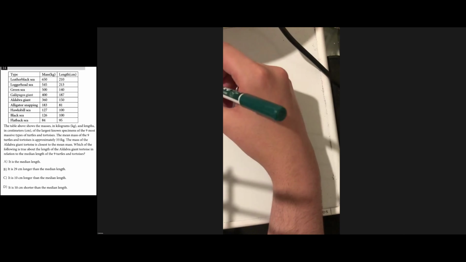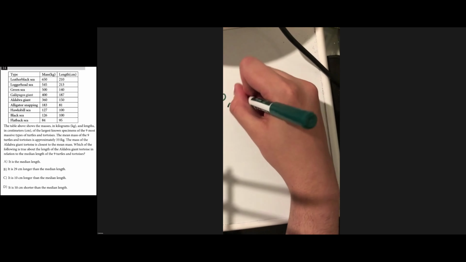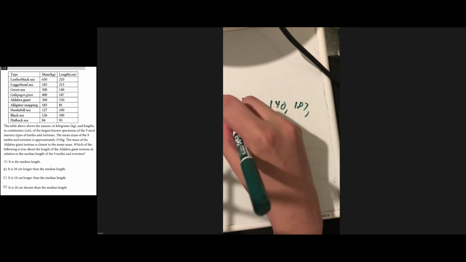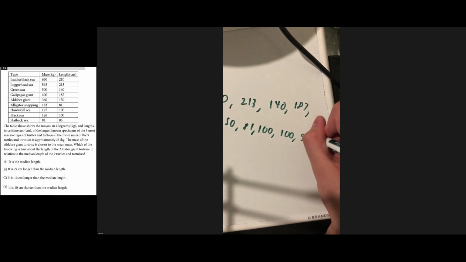Okay, so for question 14, we just have to find what the median length is. And so we have lengths of 210, 213, 140, 187, 150, 81, 100, 100, and 95. To find the median, it would just be the middle value when you organize the list from smallest to largest.